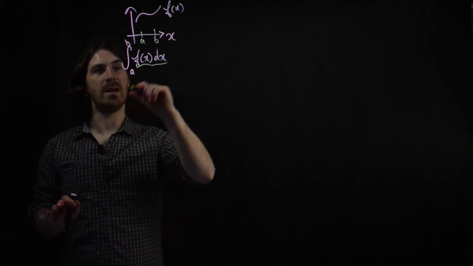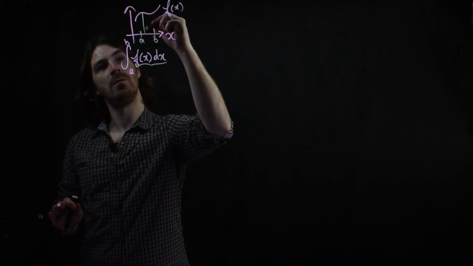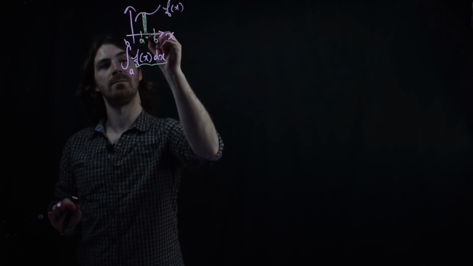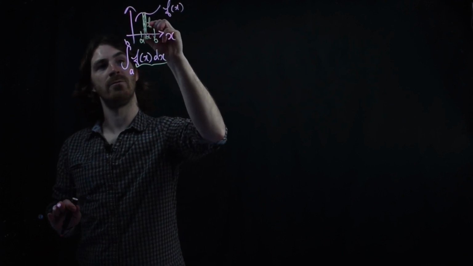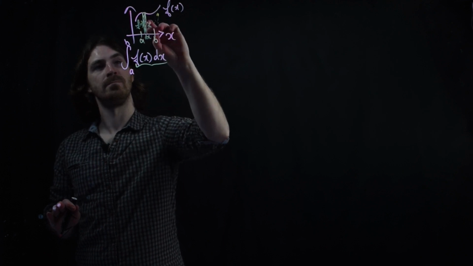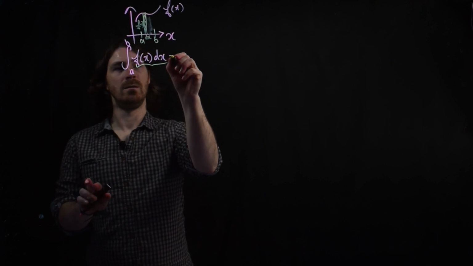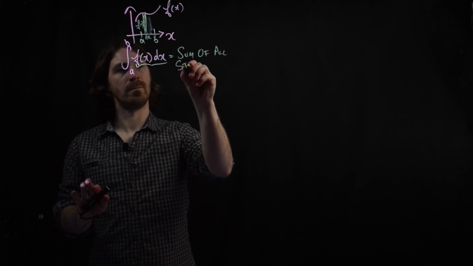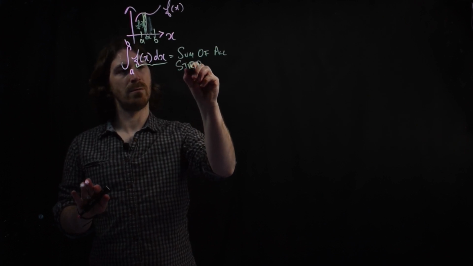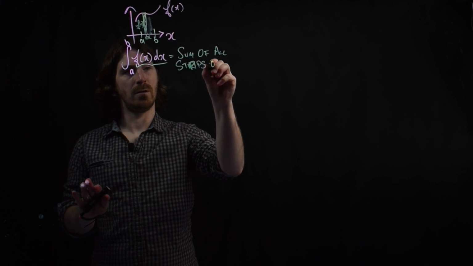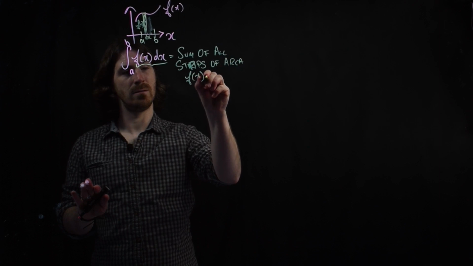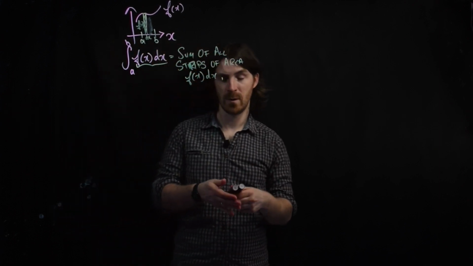And the f of x dx on its own represents the area of some strip of width dx and height f of x. So this is the sum of all strips, strips of area f of x dx.